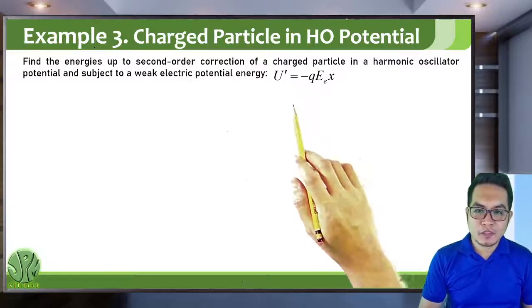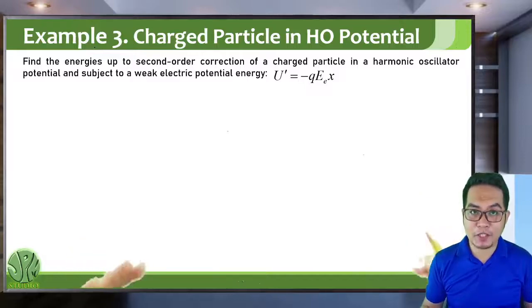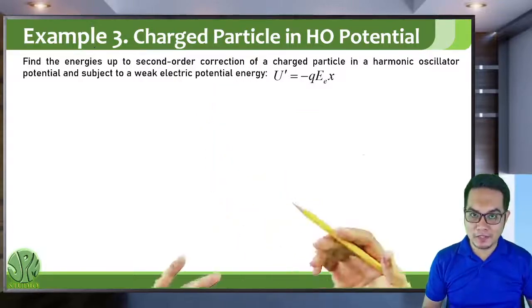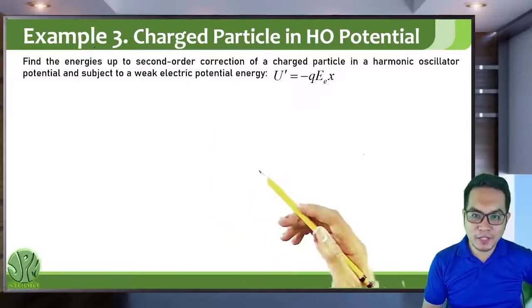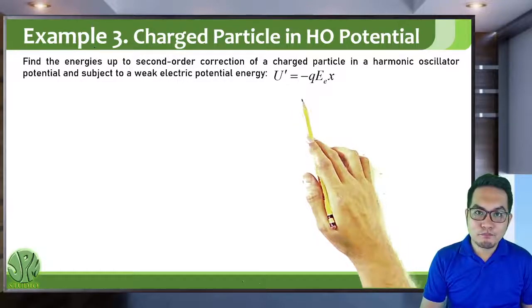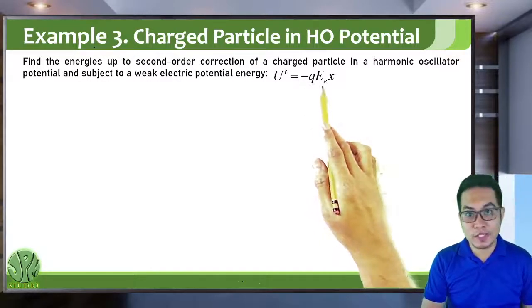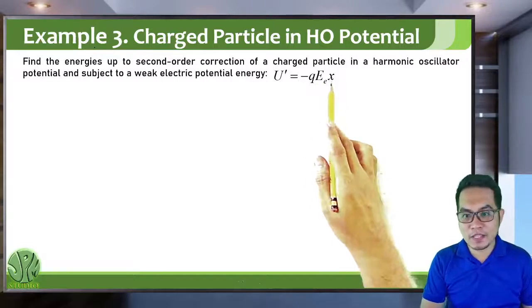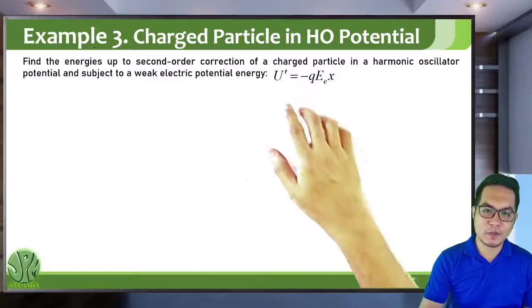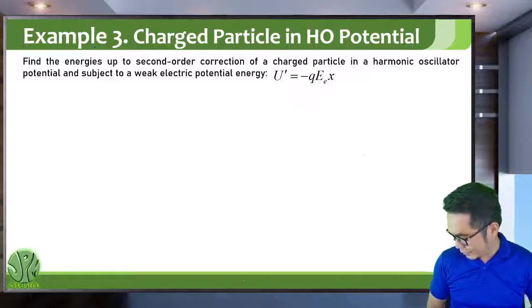The particle in a harmonic oscillator potential is the unperturbed system, but then we expose it to a weak electric field, and that field has a corresponding additional potential energy, negative q E times x: force times distance, that's basically work, energy, U prime. So this is actually our perturbation now.